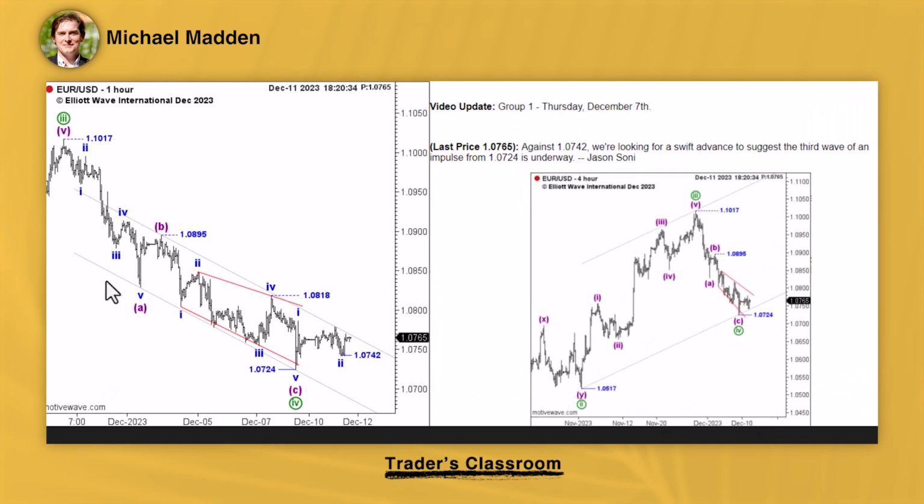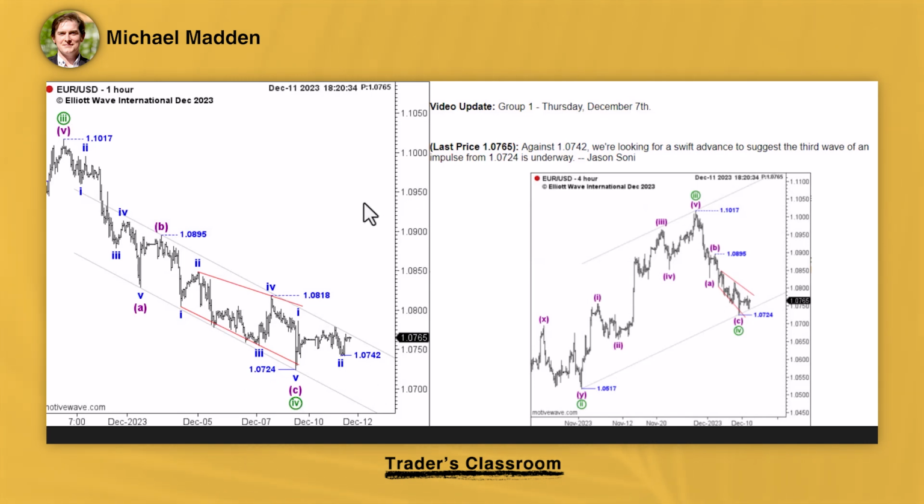We can see the charts taken from the update. We did consider an impulse for wave 1, then sideways price action. We're back up challenging the upper boundary of this channel. We've already tested it once and it recognized the trend line at 107.42, watching to see now if a higher swing low has been established from 107.24 and if the bulls are ready to continue higher.